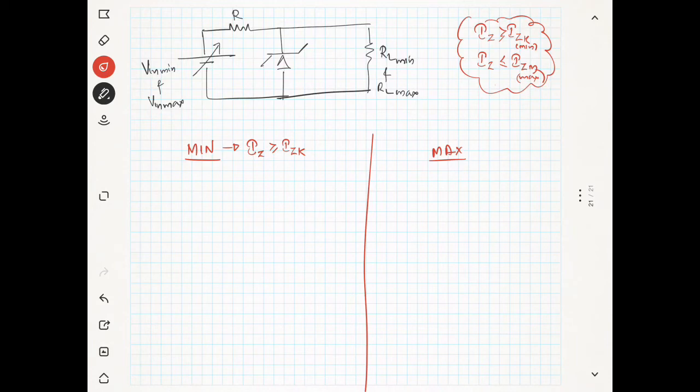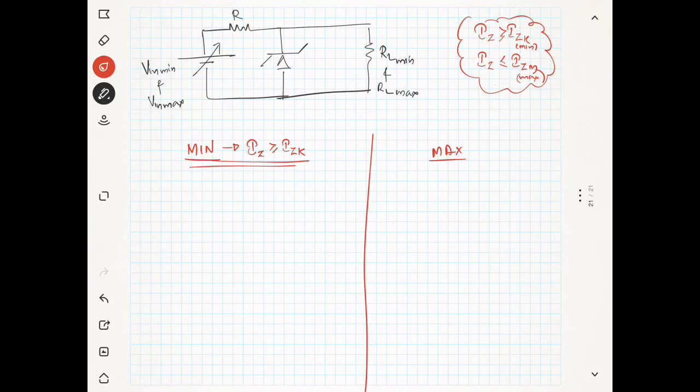Now we are talking about the minimum condition. That means we want to at least ensure that our Zener diode has not gone into the off state. So how to ensure this?